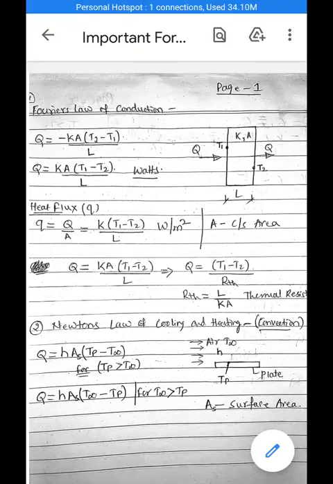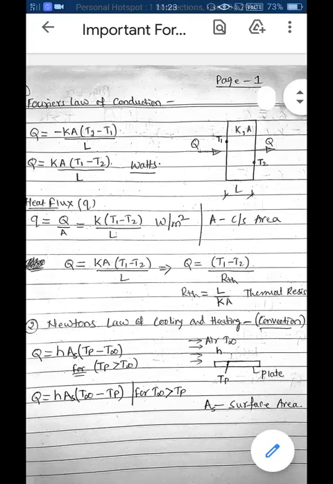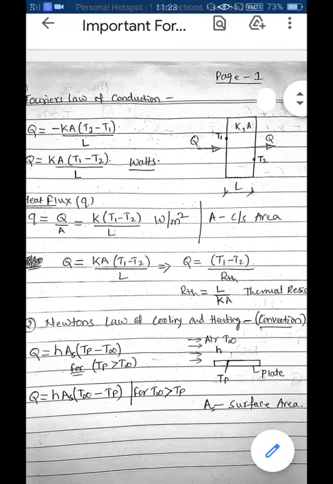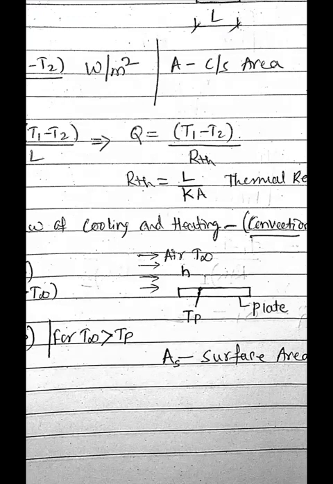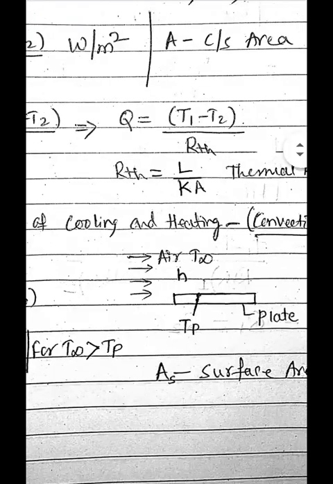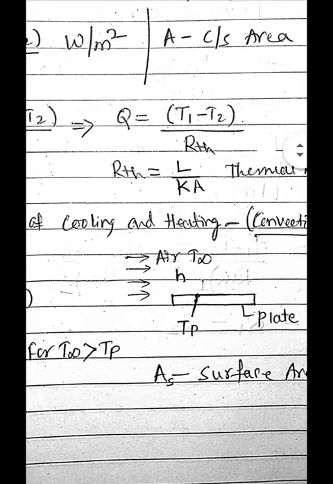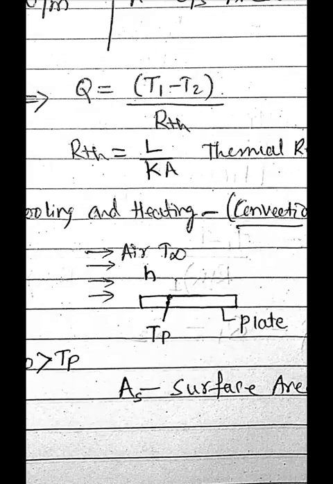Now coming to Newton's law of heating and cooling for convection. Convection is another mode of heat transfer where heat transfer takes place from the solid surface to the medium, which may be air or any liquid. As you can see, there is one plate. The plate temperature is maintained at TP, and over it air is blown.